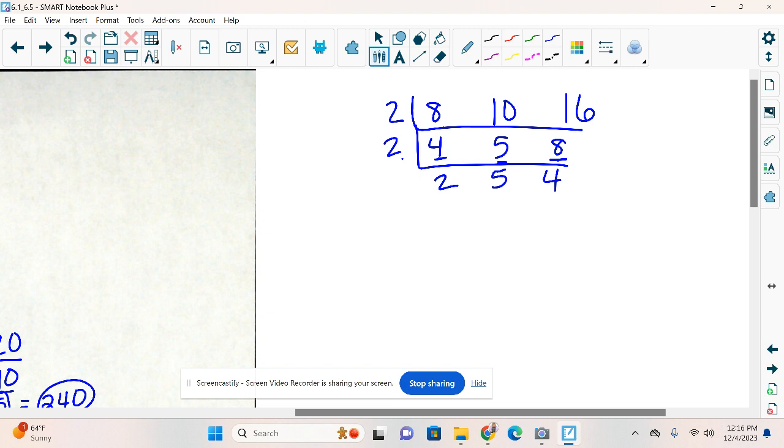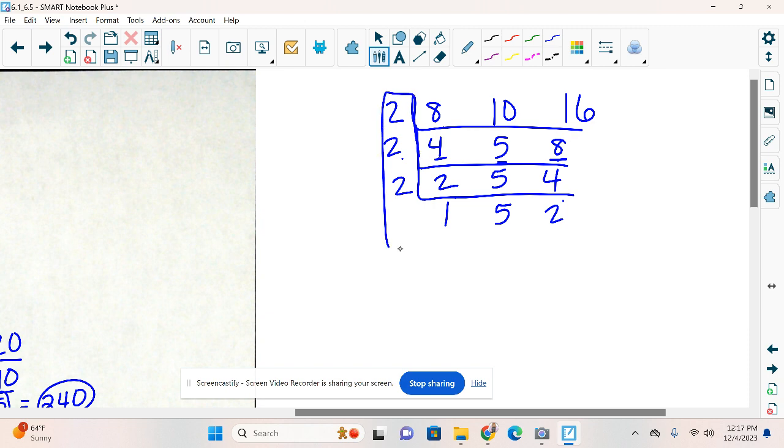And then you ask, do any of these have anything in common? 2 and 4, again. So 2 divided by 2 is 1. 4 divided by 2 is 2. And then bring your 5 down. Now, is there anything that any of them have in common?